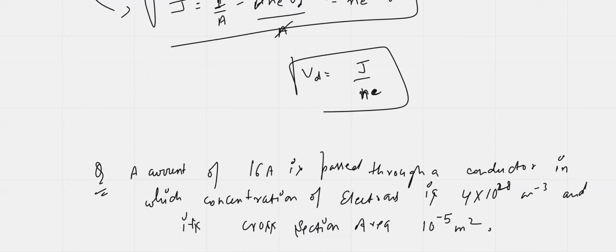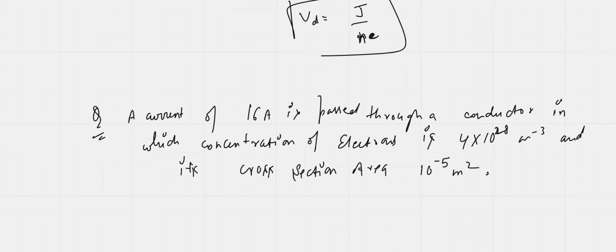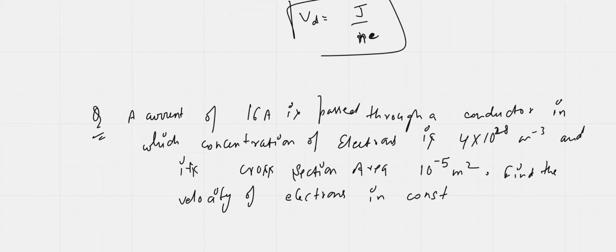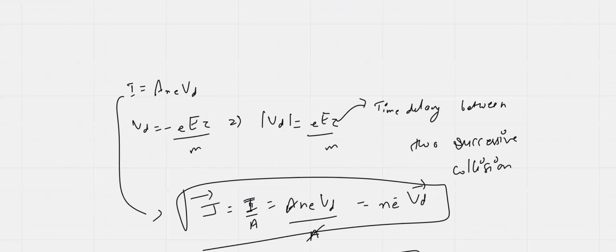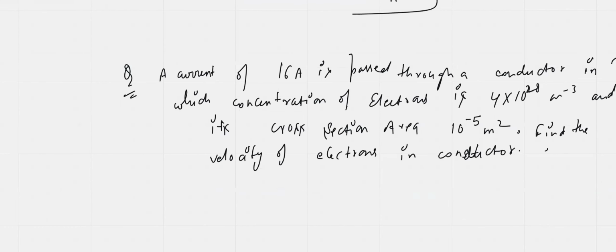Find the velocity of electrons in the conductor. Just solve it and let me know the answer. This problem is based on whatever we have discussed till now. I can give you 5 minutes. Okay, solve it.